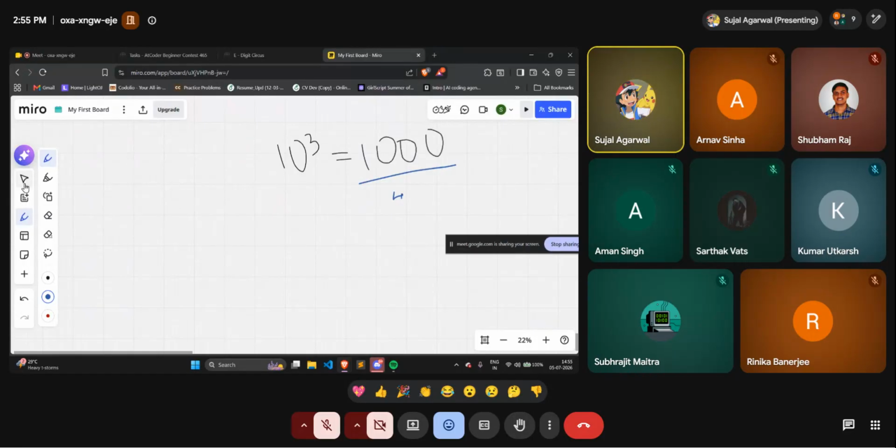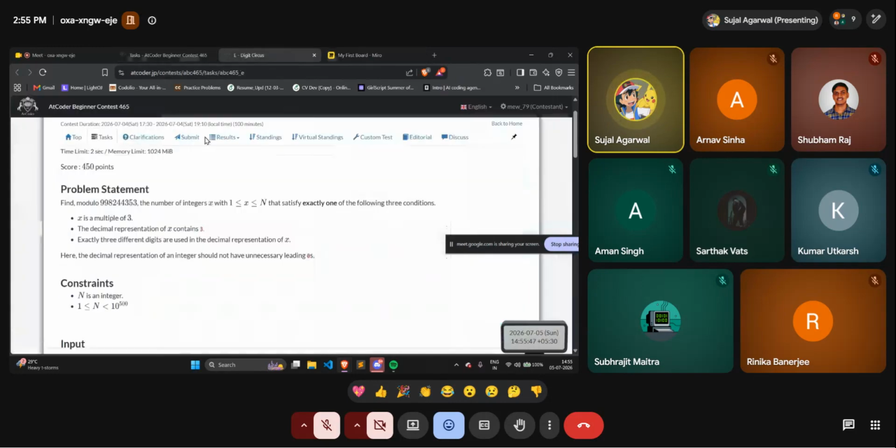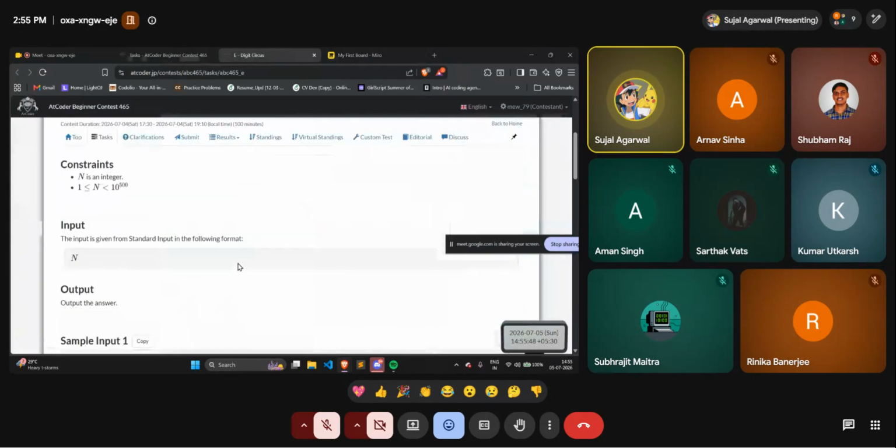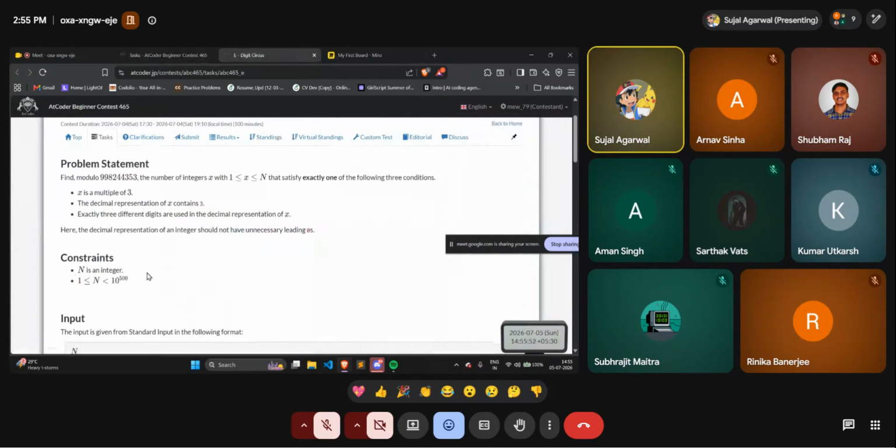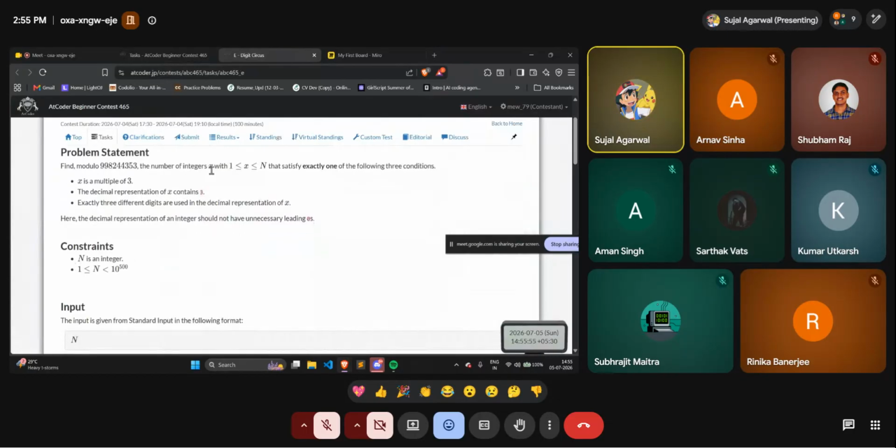So if it is 10 to the power 500, such a big number would be converted to string. This would be up to 501 places exactly. So for this problem, n can be converted to string.